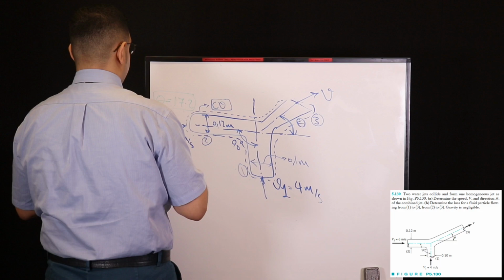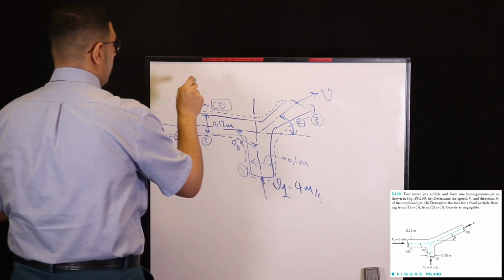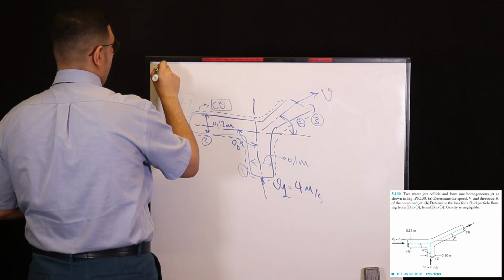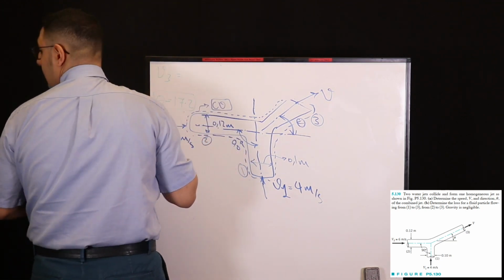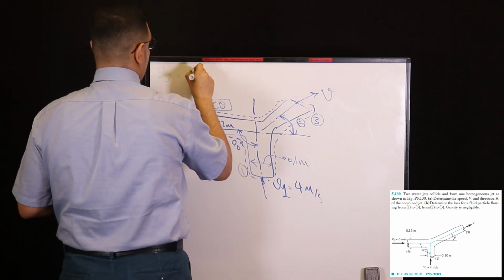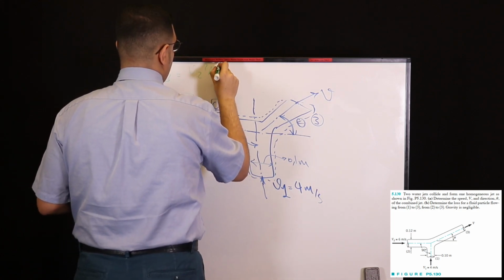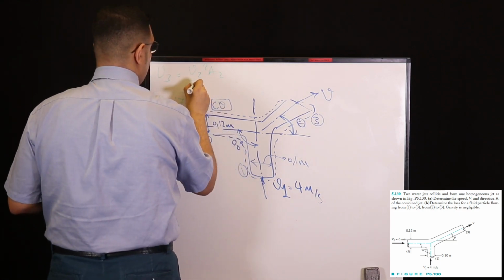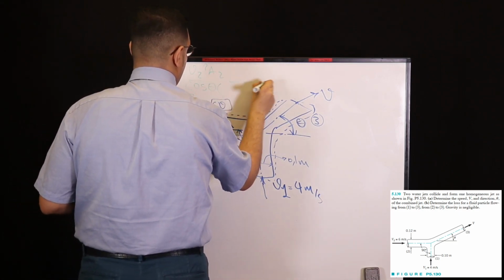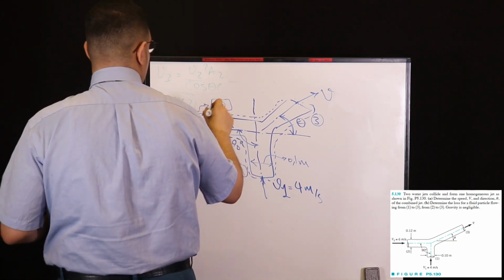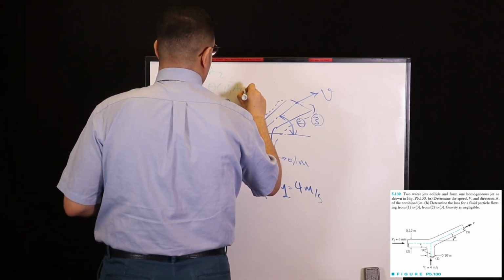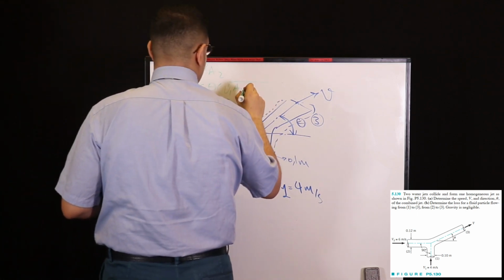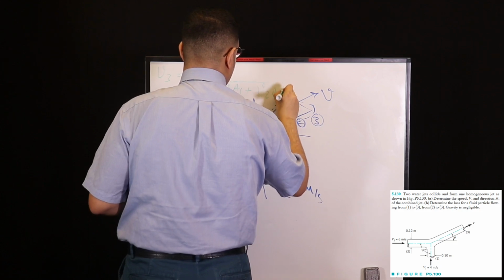Combination of equations 1 and 3 gives us the velocity at point 3 as V3 is equal to V2 to power 2 A2 divided by cosine theta, times V1 A1 plus V2 A2.